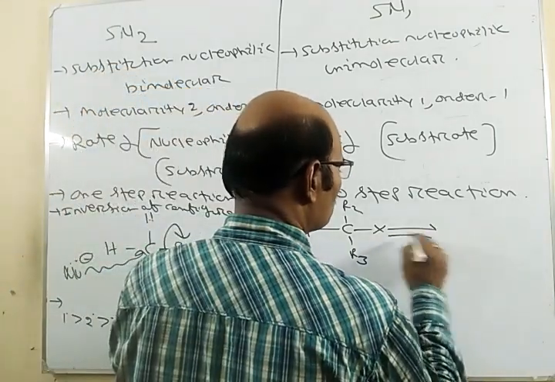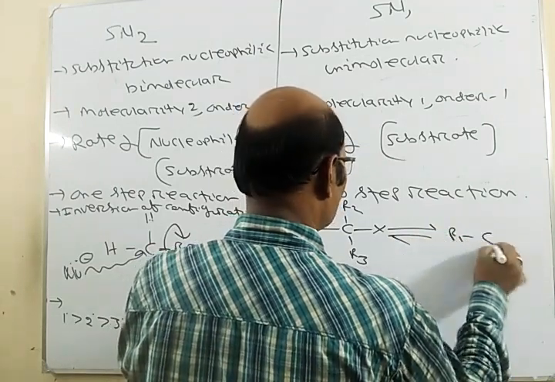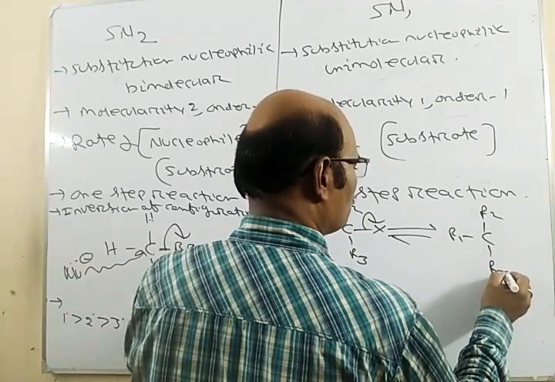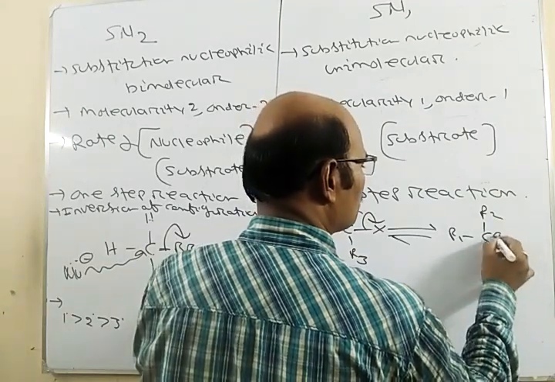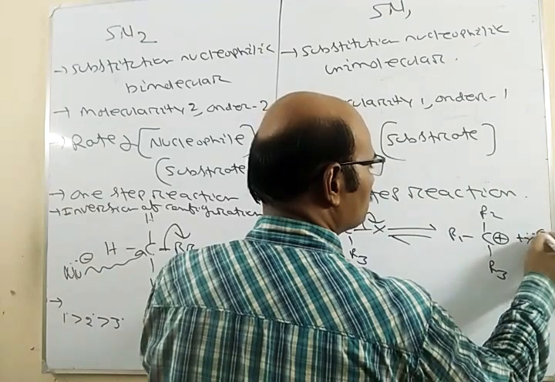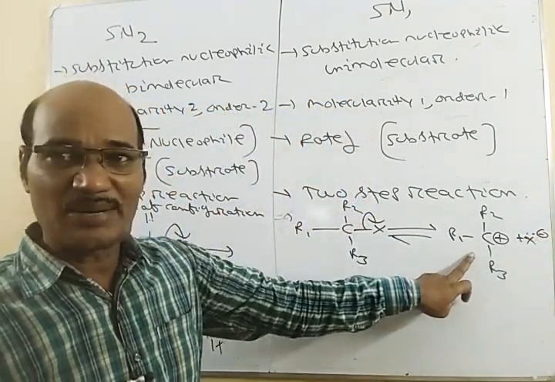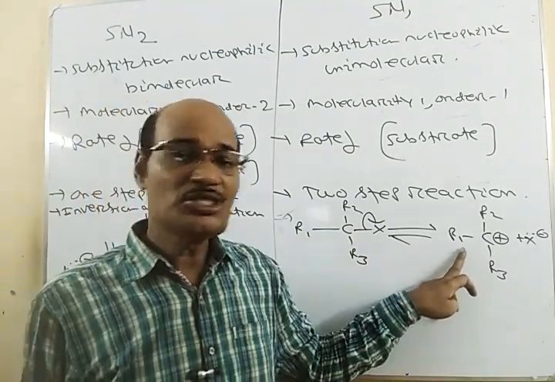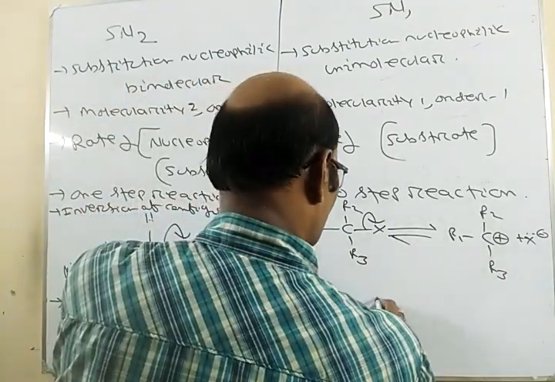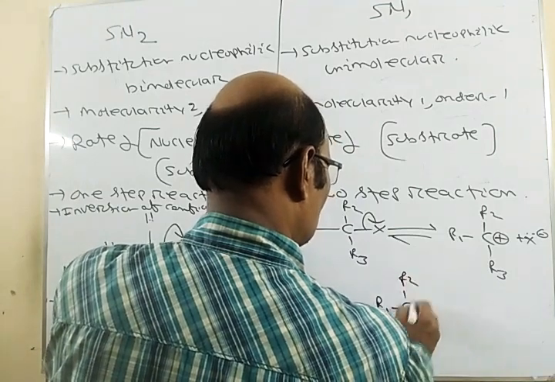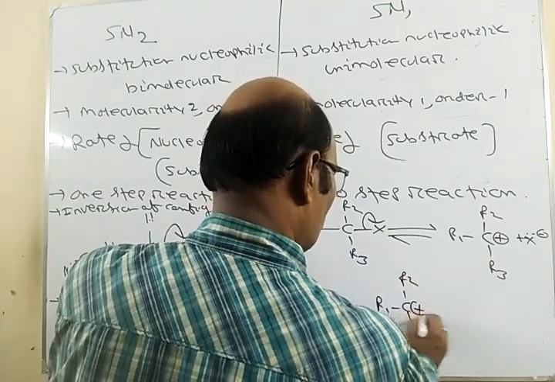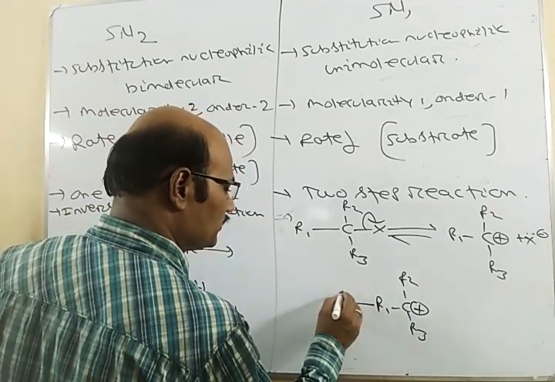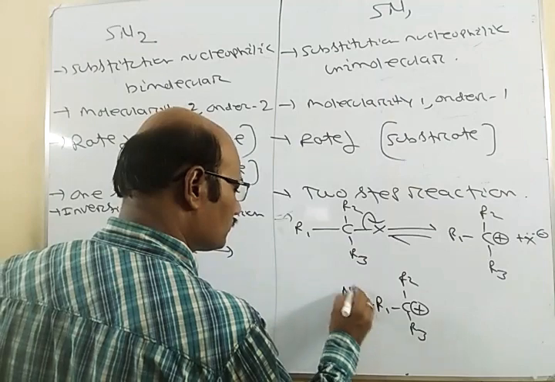So R1, C, R2, R3 with plus. A carbocation is formed. In the first step, a carbonium ion will be formed, R1C R2 R3 plus. Now the nucleophile comes.